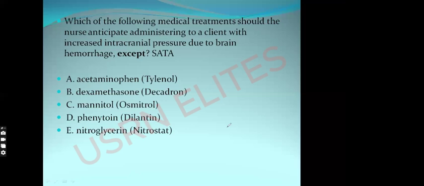How do you understand the question first? I don't even understand the except part. The except means what will not be given, the treatment that should not be given in ICP. Good. That shouldn't be given.